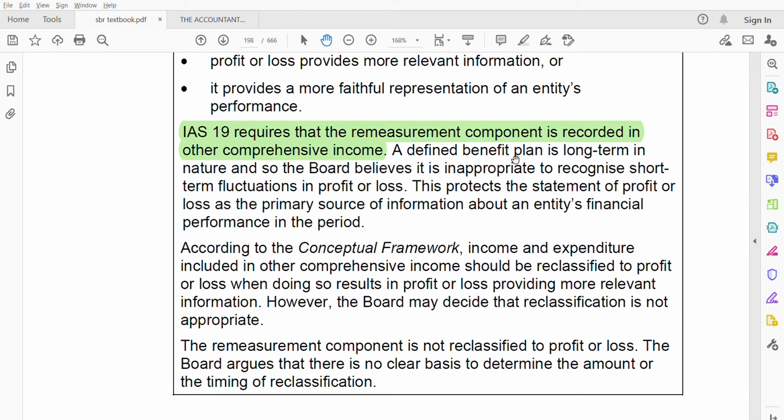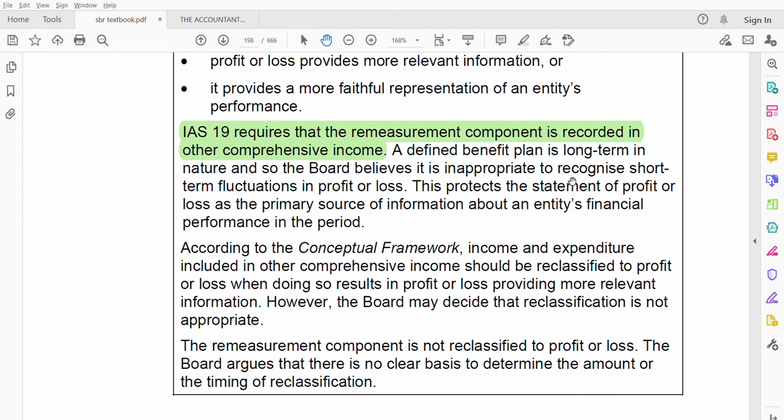Also, a defined benefit plan is long-term in nature. So the board believes it is inappropriate to recognize short-term fluctuations in profit and loss. Why is it in OCI? Because they believe the defined benefit plan is long-term, but profit and loss is recognized in the short term. Therefore, OCI is better.